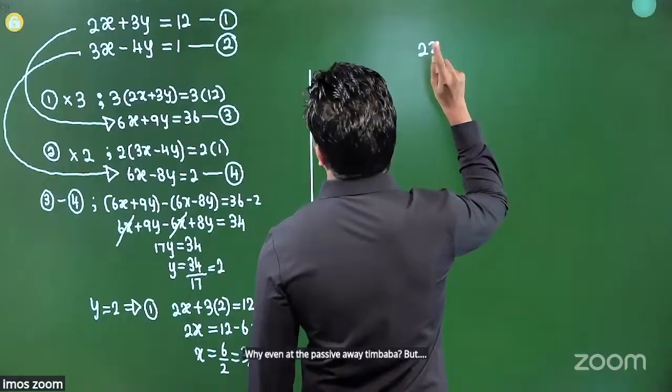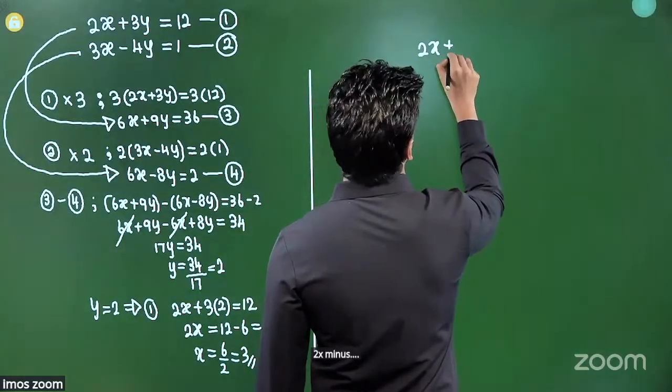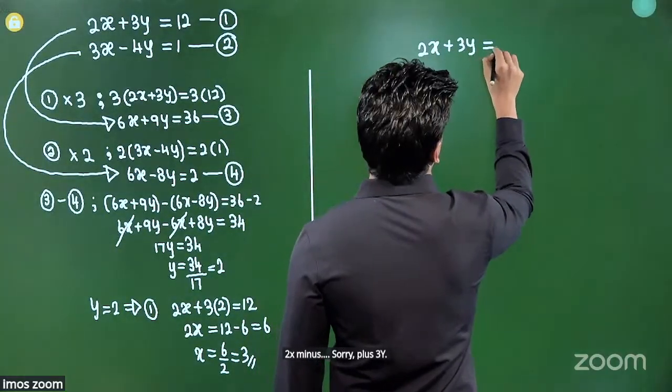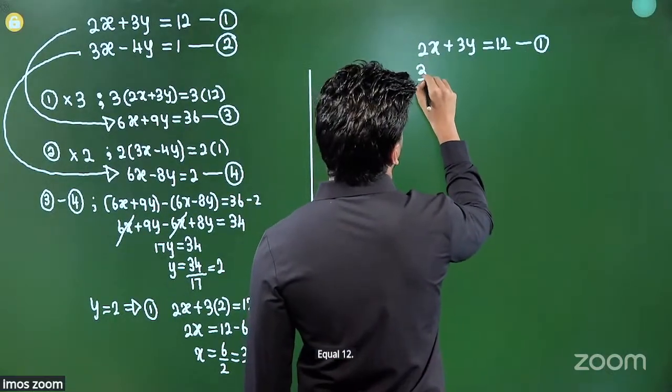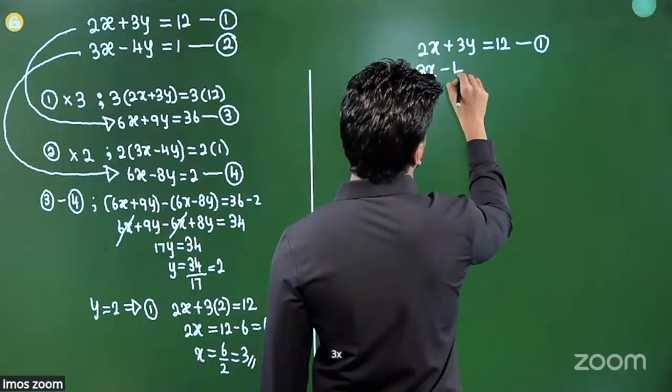2x plus 3y equals 12. 3x minus 4y equals 1.